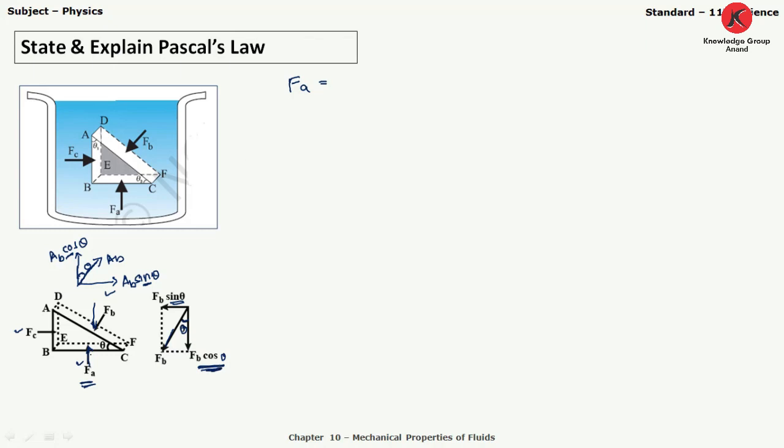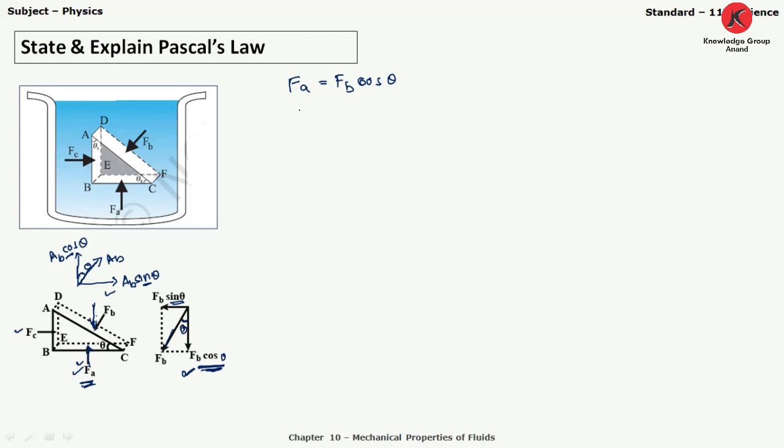For equilibrium, these two forces are in opposite directions and must have the same value. So from this we can write FA equal to FB cos theta, for equilibrium position.